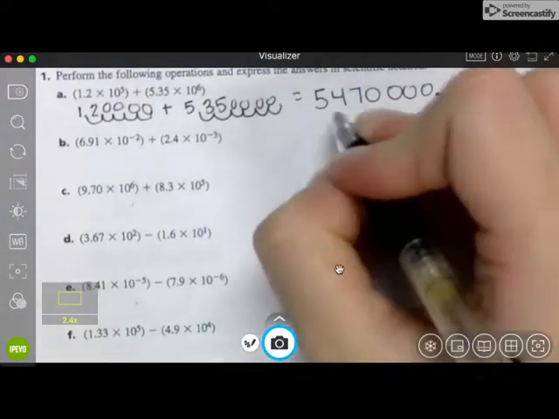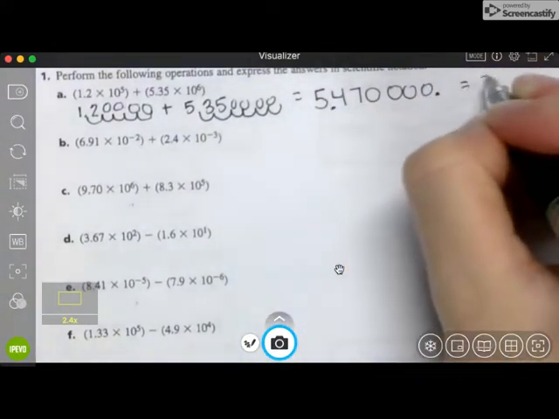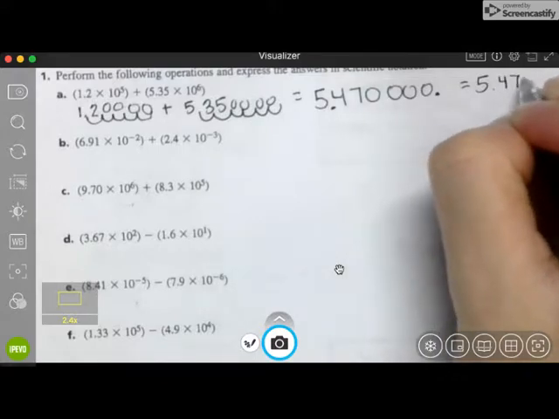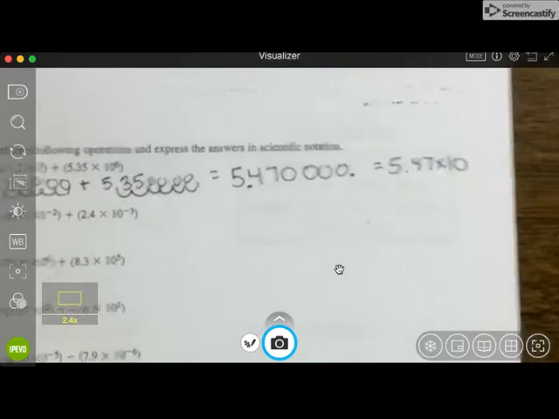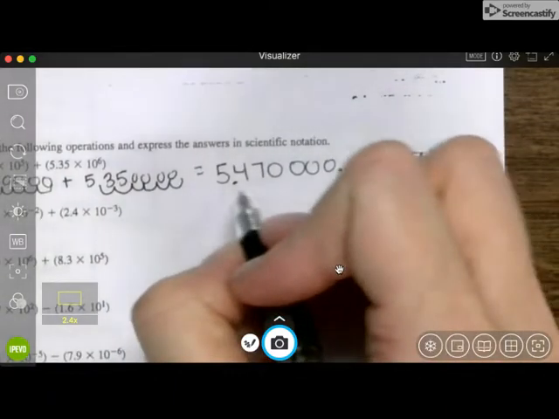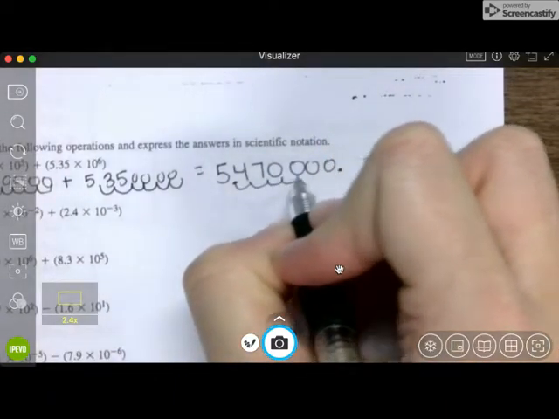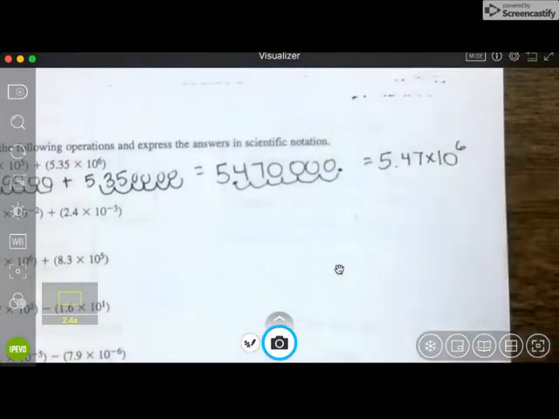My decimal is here. I want it to be here. I realize I'm not writing on the page. So 5.47 times 10 to the 1, 2, 3, 4, 5, and 6.